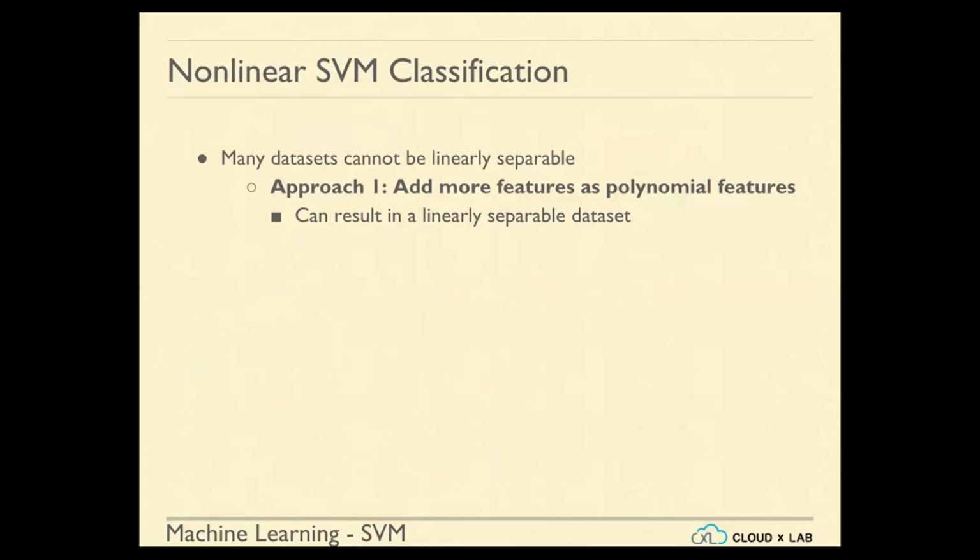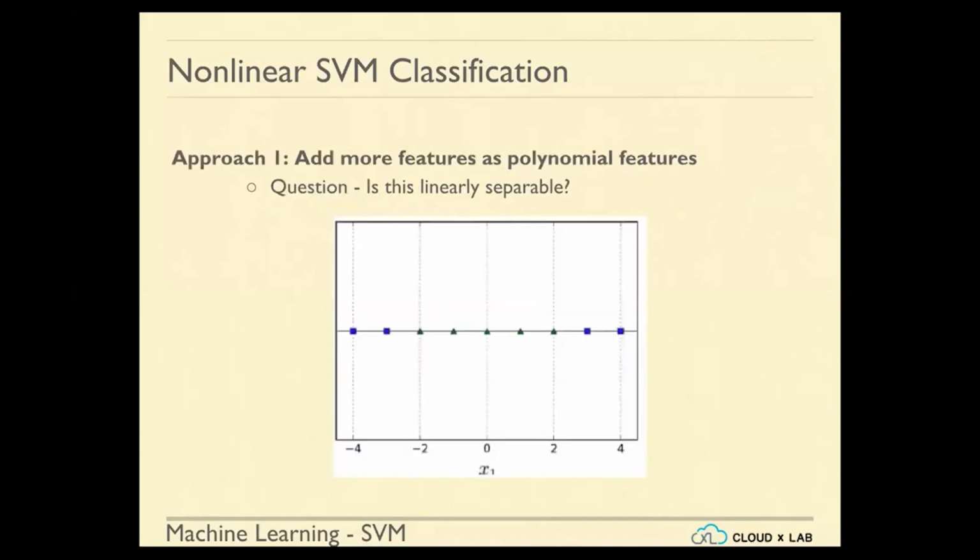We added x squared, x cube, x to the fourth, and so on. That was what we did in linear regression, where we added polynomial features. And when you add polynomial features, it could give you a linearly separable data set. Let's take a look at it.